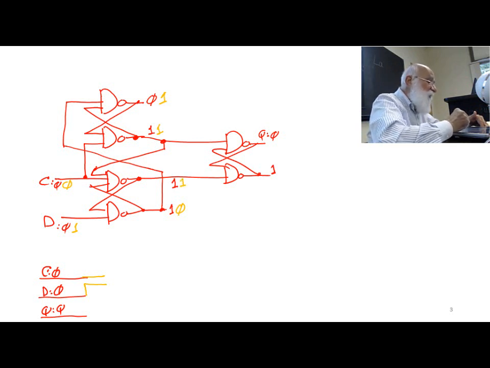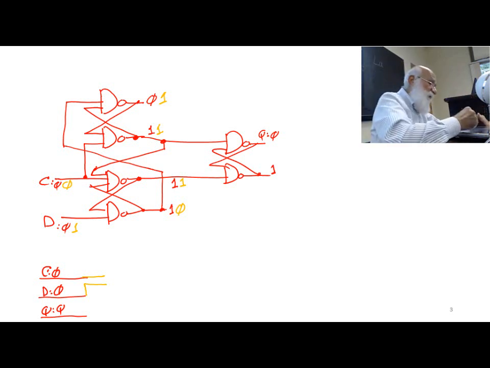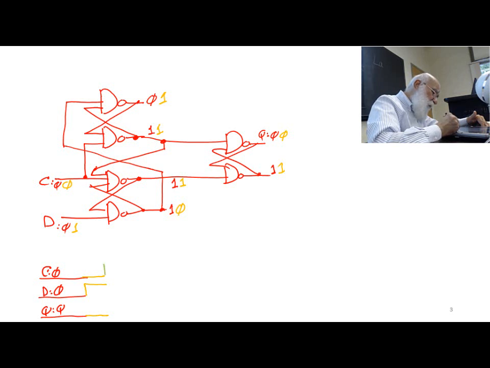Notice that no change happened on the cross-coupled structure of the output, and therefore my output remains 0 and my output complemented remains 1. Okay, what it means is nothing, no change. Then I'm going to change my C to 1.